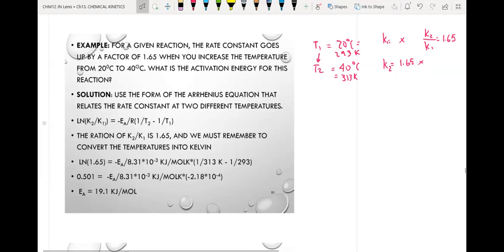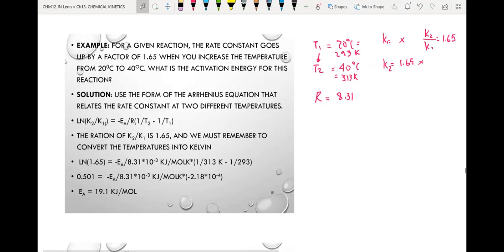The value of R is 8.31. That's a constant, we already know that. 8.31 joules per Kelvin mole. And this is another very important fact: depending on the units of R you are using, you will get the answer in kilojoules or joules.